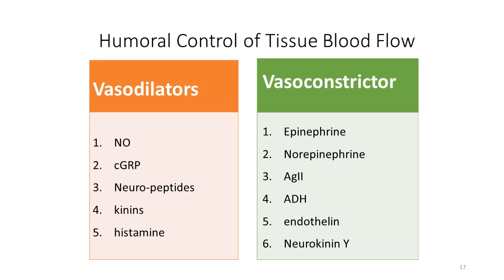Let's see vasoconstrictors first. Vasoconstrictors like epinephrine and norepinephrine are secreted from the suprarenal glands, and they constrict vessels with high power. So they are the most important vasoconstrictors during blood flow regulation.